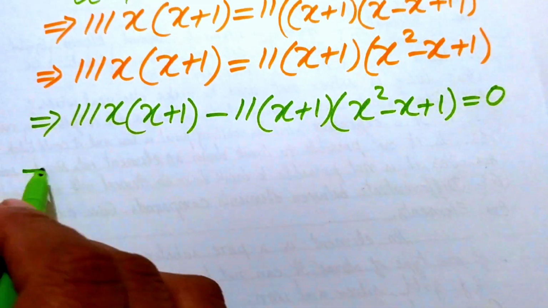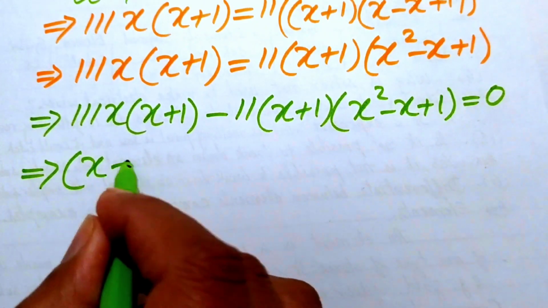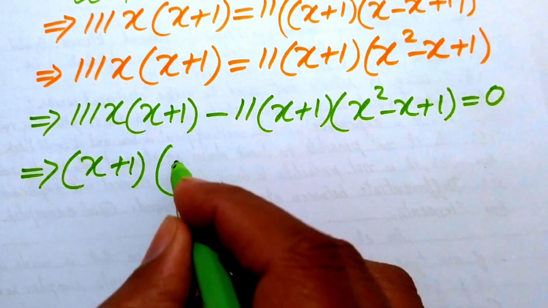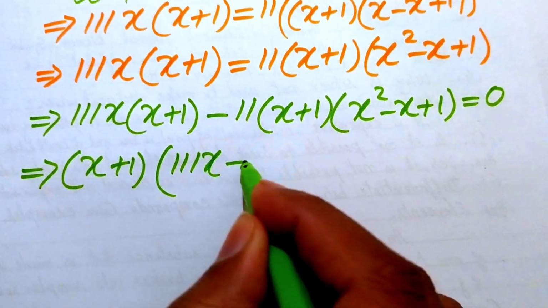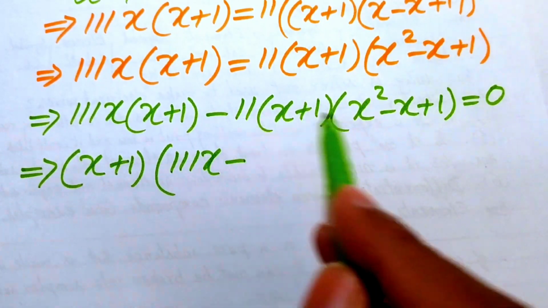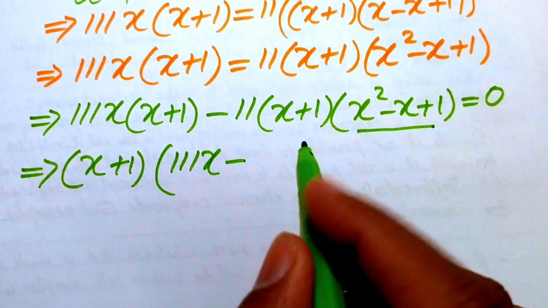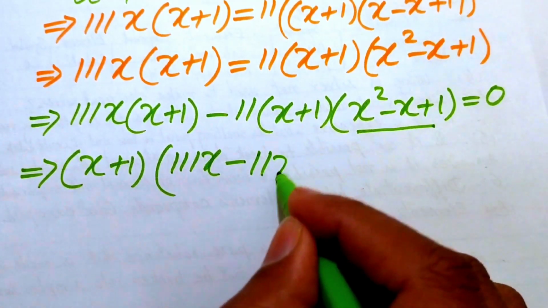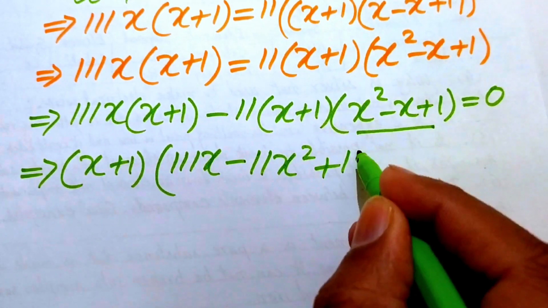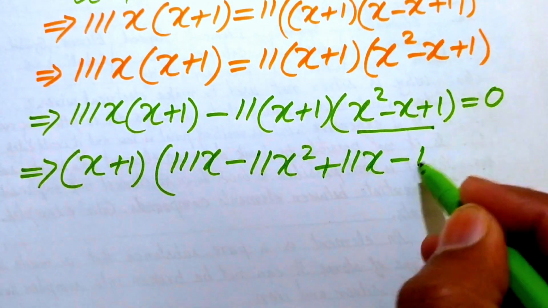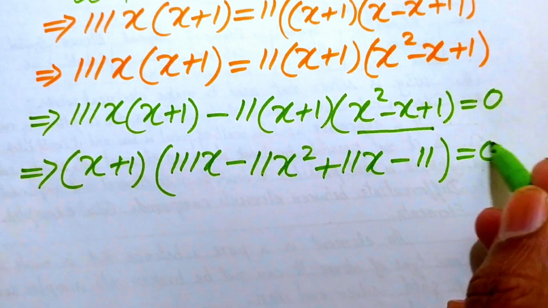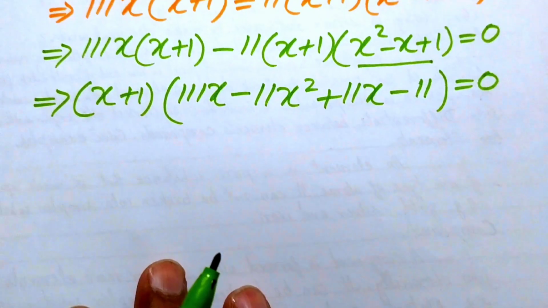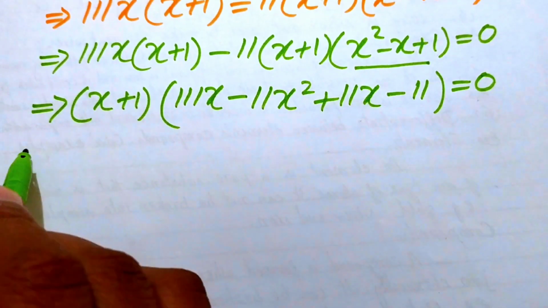So you focus on the left hand side and you see that we have x plus 1 as the common term. So we take common x plus 1 and we get 111x, minus we multiply this minus 11 on each of these terms and we get minus 11x square plus 11x minus 11 equals 0. So here we have two cases or two factors.